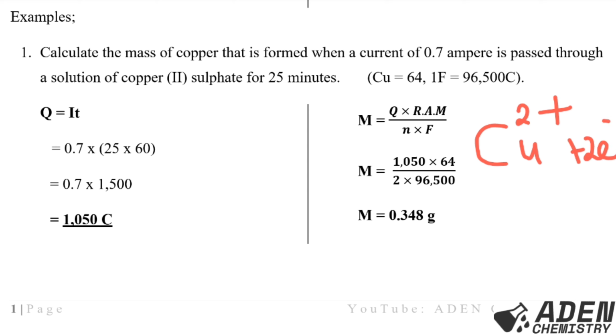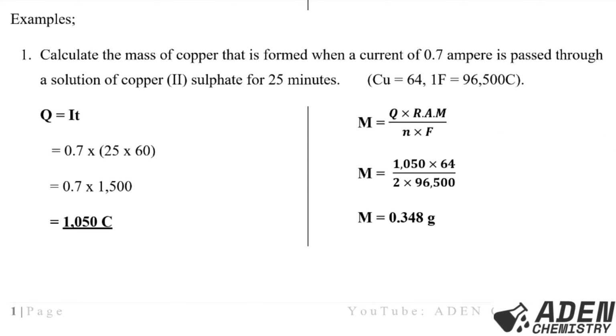So the N that we are going to use in this formula is 2. Then we have 2 multiplied by F, and 1F is equal to 96,500 coulombs. When we put all this in the calculator, we get 0.348 gram. That will be the mass of copper deposited or formed.